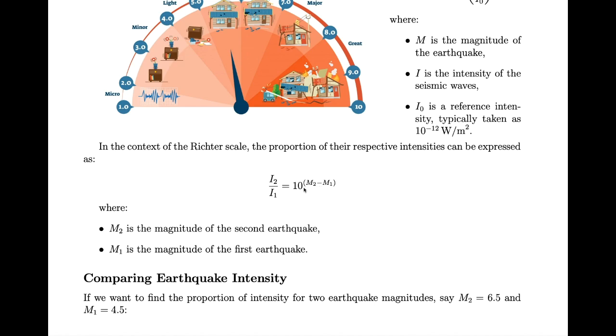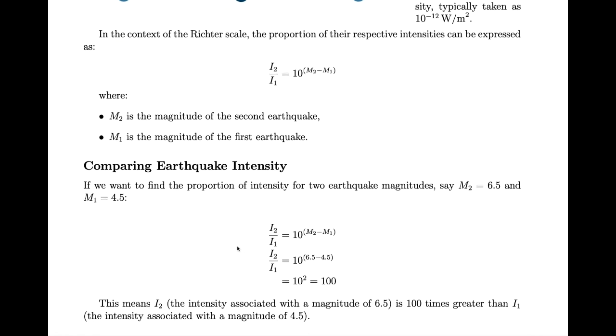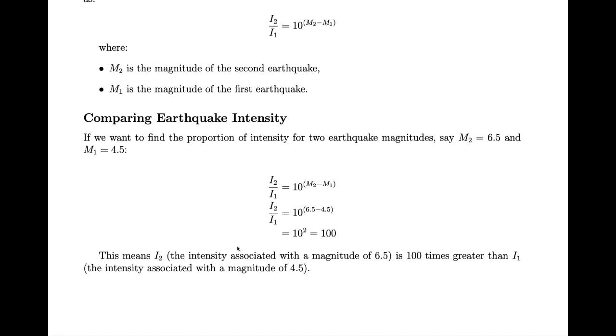Remember that each tick point is a 10-fold increase. So one earthquake I2 compared to another earthquake I1 is equal to 10 to the exponent of the differences in their tick marks on the Richter scale. So you can see M2 is the magnitude of the second earthquake, and M1 is the magnitude of the first earthquake.